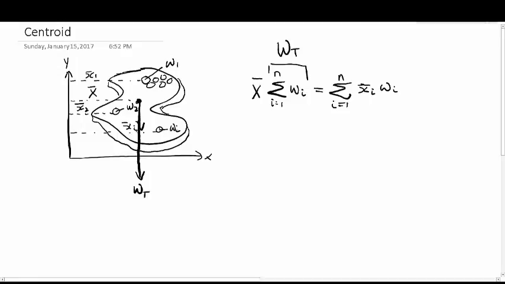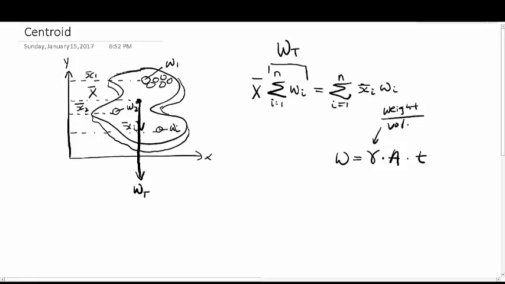Well, we know that weight is equal to the specific weight times the area times the thickness of this piece. Remember, specific weight is some weight per volume.